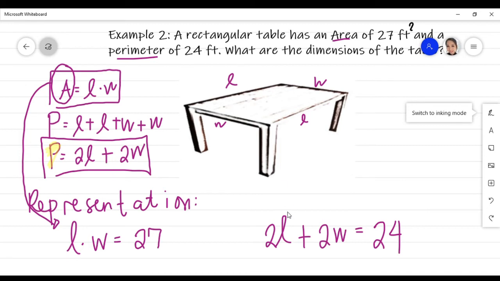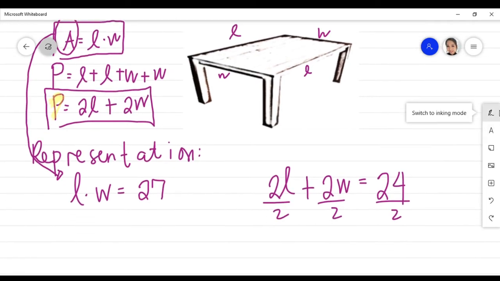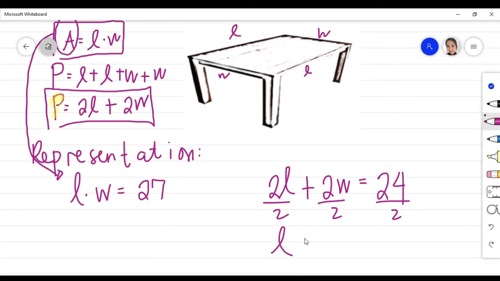Now, the perimeter 2L plus 2W equals 24 can be reduced, right? Because the factor 2 is common to each term. So we can divide each term by 2. So we have here L plus W equals 12.